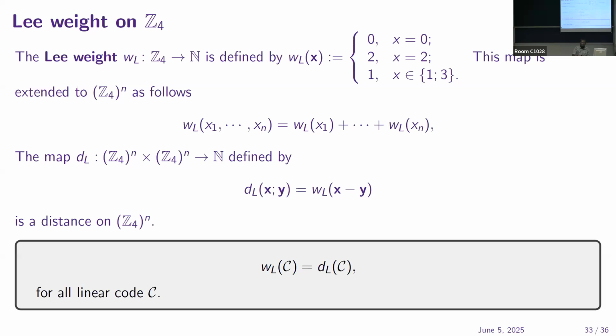The Lee weight of a word is the sum of the Lee weights of the components. By this weight, we define the Lee distance as the Lee weight of the difference x minus y. This is a distance on Z4 power n.